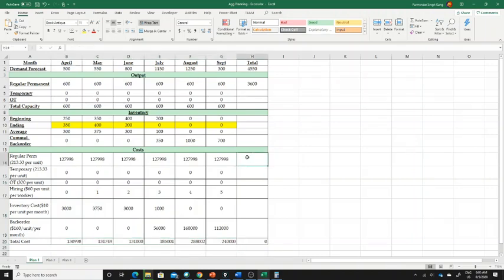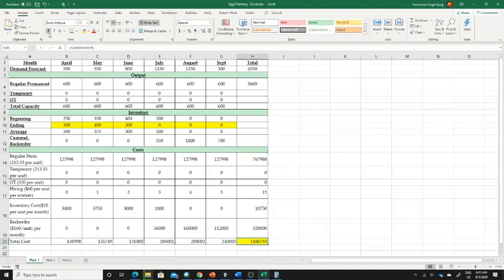Similarly, you can add all these costs from here. So let's say sum of all the wages across all the months, and let's add these up. So the total cost for this aggregate plan is this number, which is around 1.1 million, right?